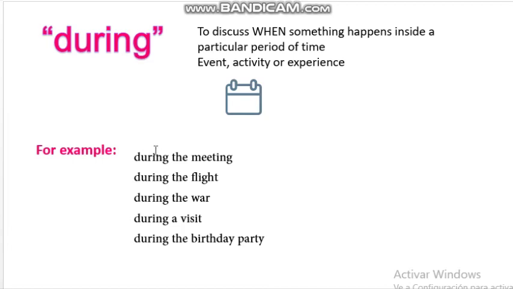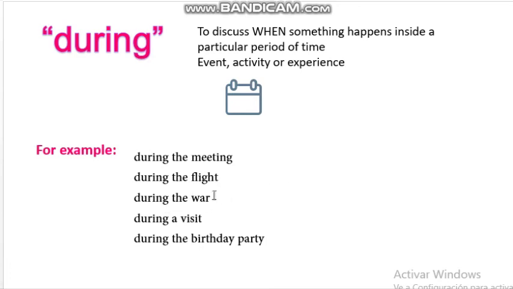So we use during for periods of time. During the meeting, during the flight. The flight began at 7 o'clock and it lasted 1 hour. So during the flight, a period of time of 1 hour.